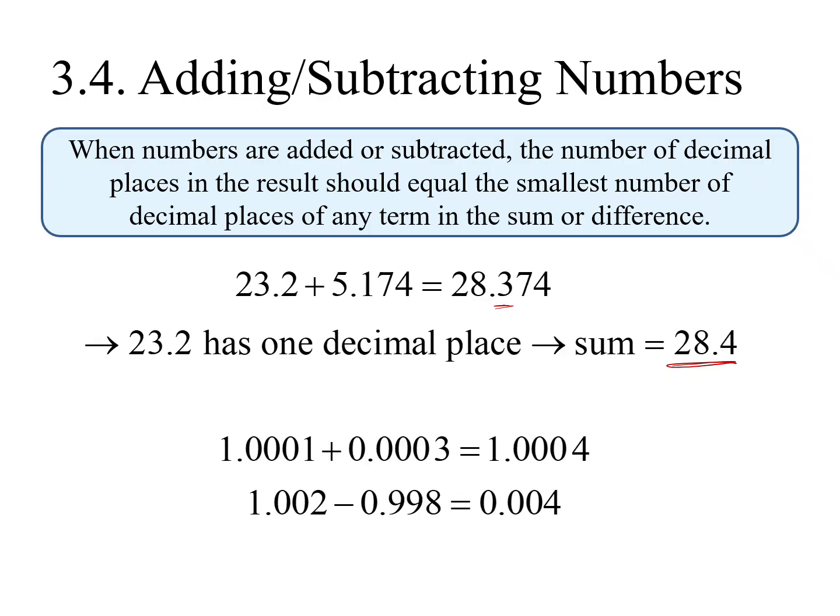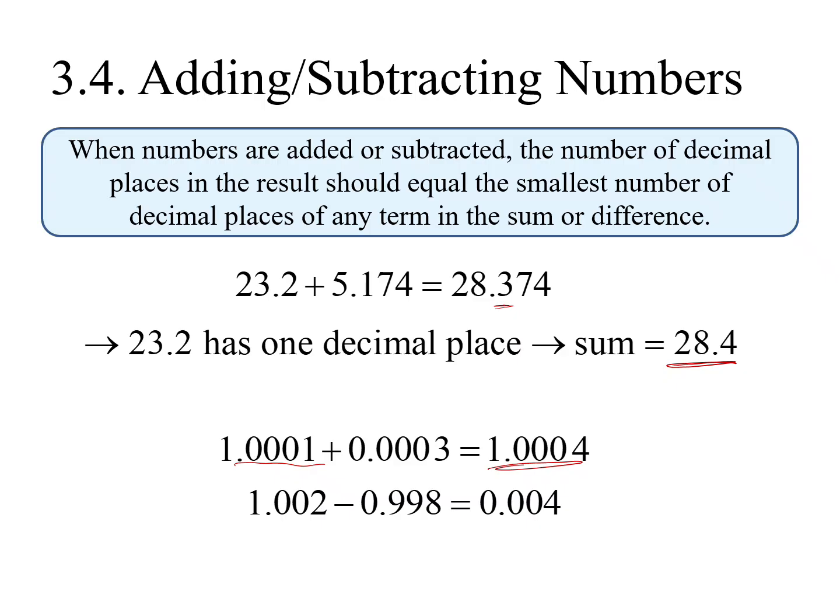Now, if you look at this example, we have 1.001 plus 0.0003. Now, this gives us 1.0004. So, both numbers have 4 decimal places. So, our final answer should have 4 decimal places. And in the second one, we have 1.002 minus 0.998.